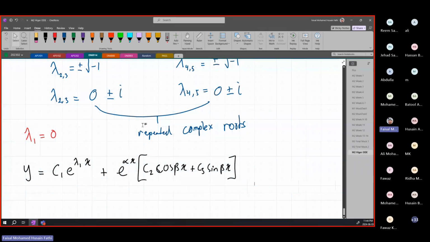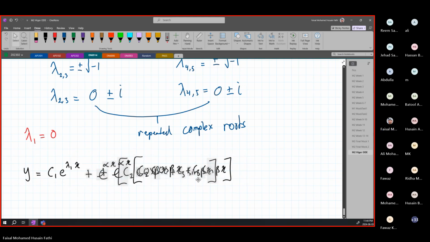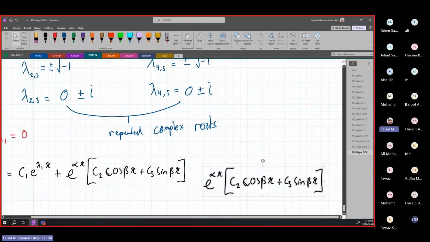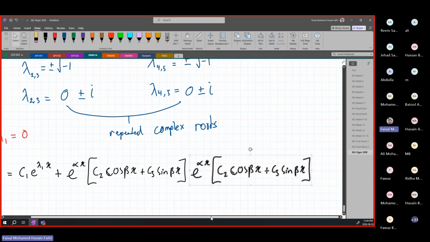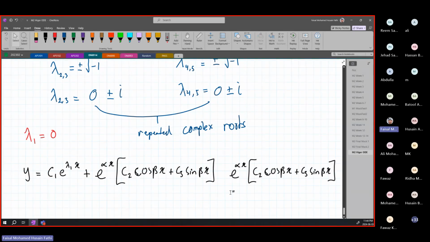However, it is a repeated complex root, meaning now we are going to be writing the exact same thing, with the only difference being that instead of just having e to the alpha x, we are going to multiply by an extra x as well, because it is a repeated root.